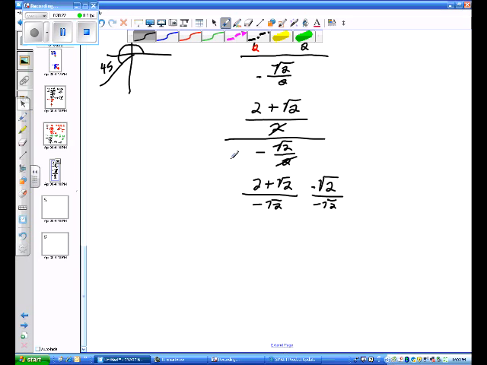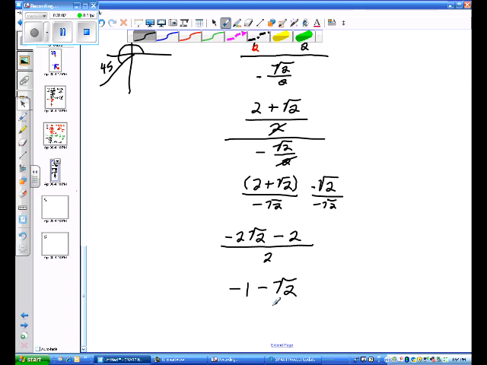Here we've got to consider this is in parentheses, so that's going to be a negative 2 square roots of 2 minus square root of 2 times the square root of 2 is 2, over a positive 2. And when I divide both of these by 2, I'm going to use my commutative property, so I get negative 1 minus the square root of 2. So negative 2 divided by 2 is negative 1. Negative 2 square roots of 2 divided by 2 would be negative square root of 2.